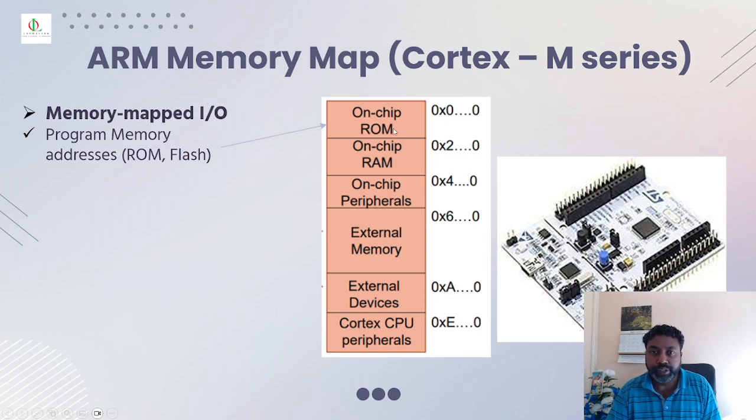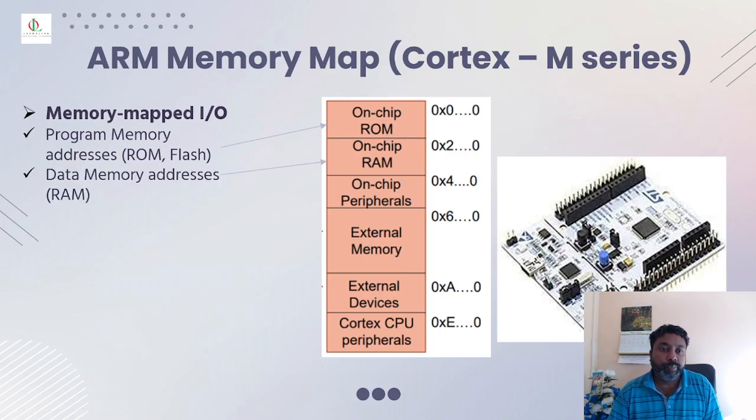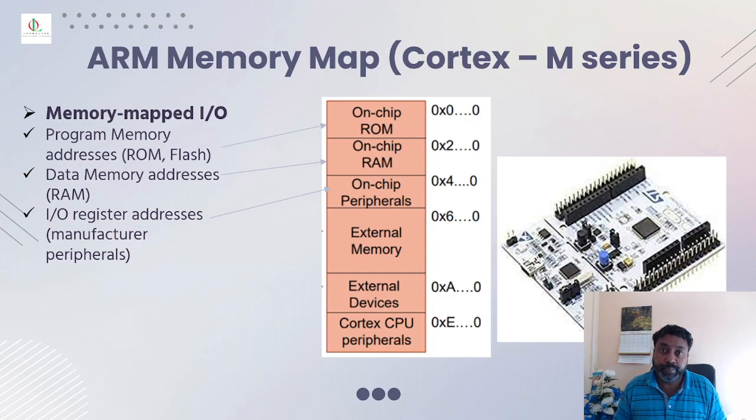In that location, the on-chip ROM has all the information, and below that is the data memory address, the RAM. All the memory that's saved for data will start at 0x2000 to 0x3FFFF.